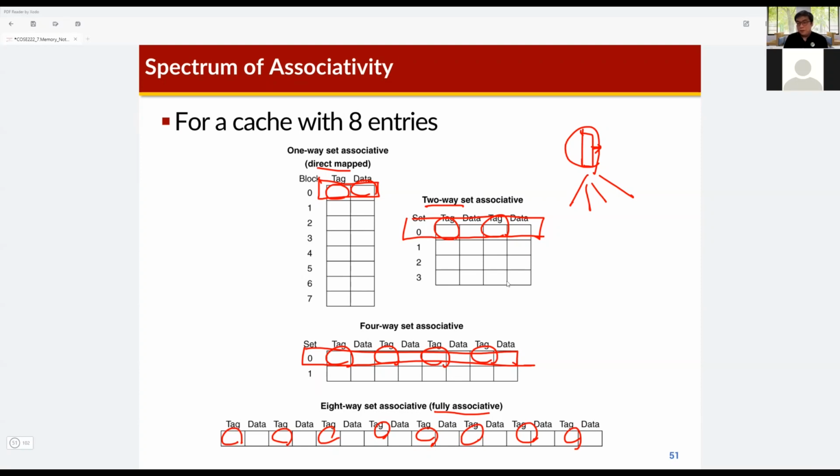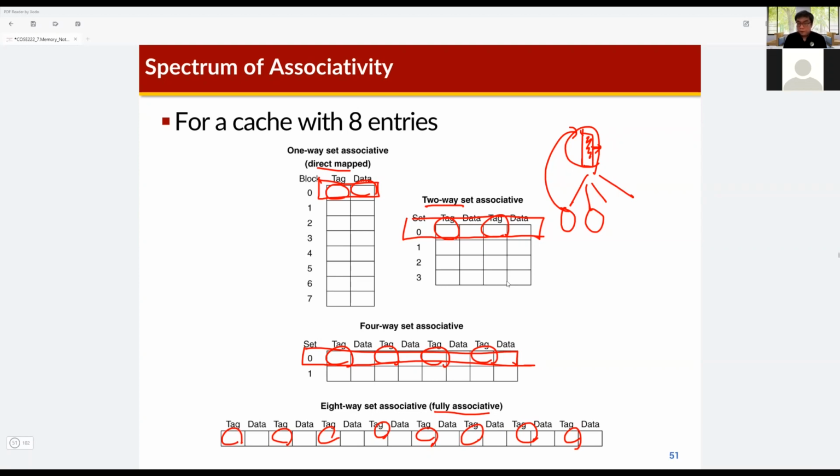So if one memory chunk occupies this cache set, and then another memory chunk is accessed by load or store instructions, then this occupied data should be deleted from the cache, even though there are many empty spaces in the cache. That is the disadvantage of the direct mapped cache.